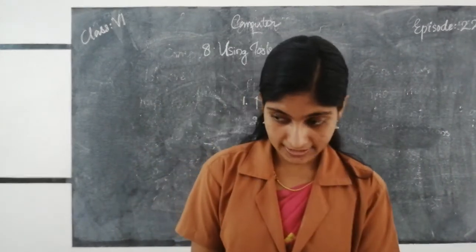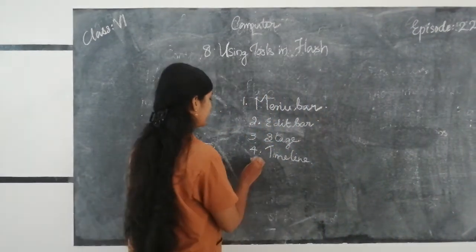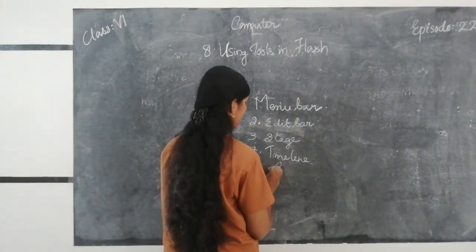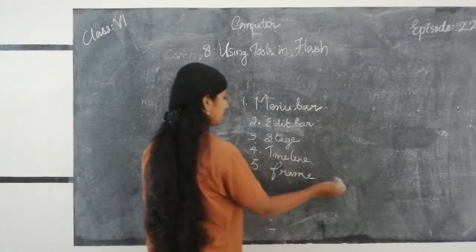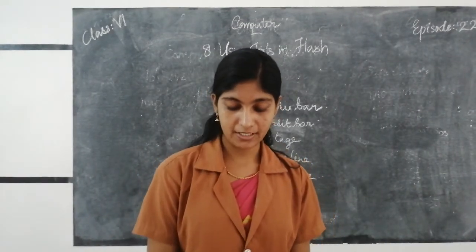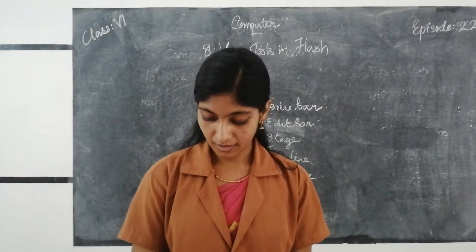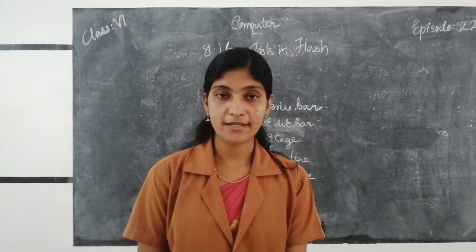Then the next one is the frame. Fifth one, frame. A frame is a single step of animation or a picture on a Flash timeline. So what is a frame?